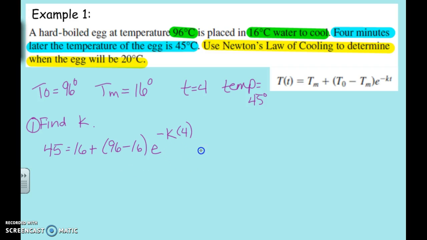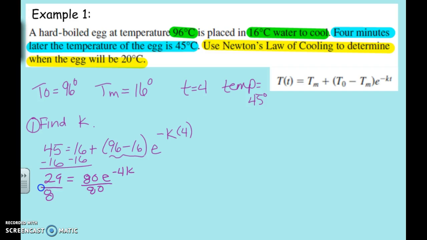All right, so at this point, this looks a lot like the equations we've been trying to solve. So I would begin by subtracting my 16 from both sides. When I do that, I get 29 equals, and at the same time, I'm going to simplify this down to my 80 e to the negative 4k. Then I'm going to divide both sides by 80.